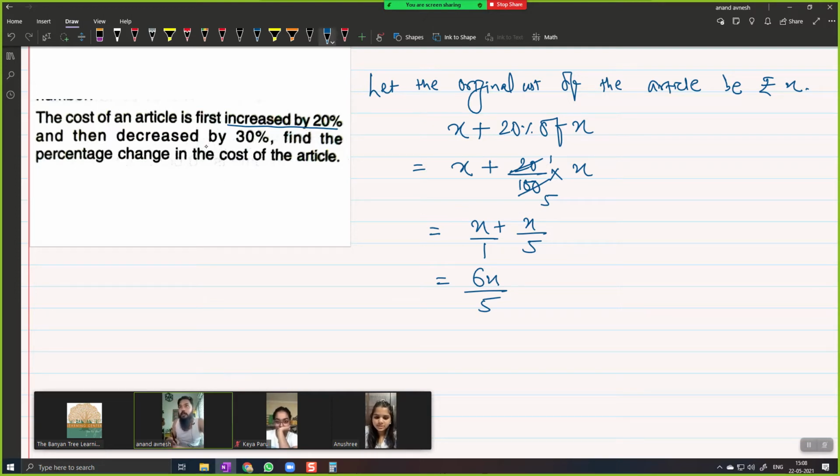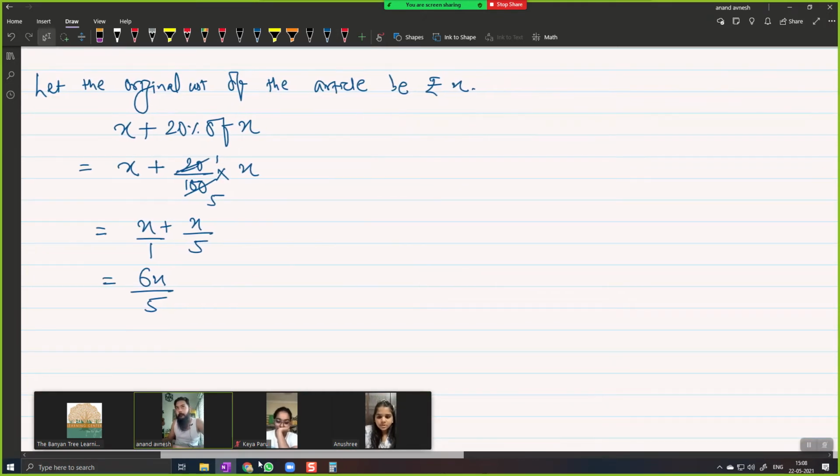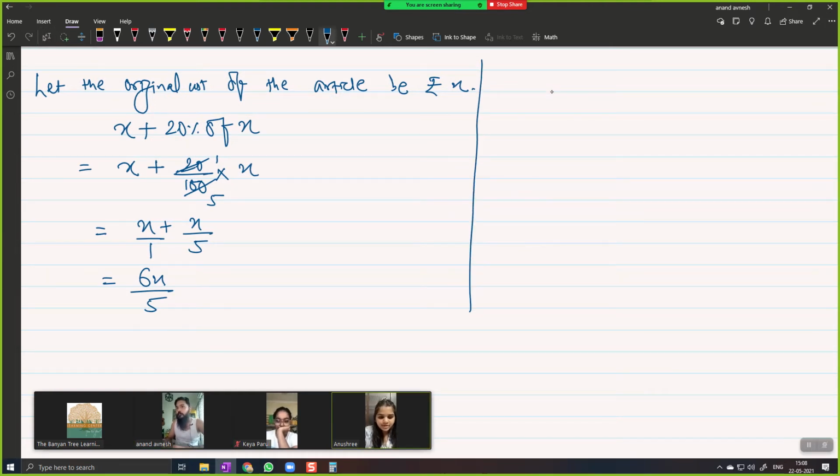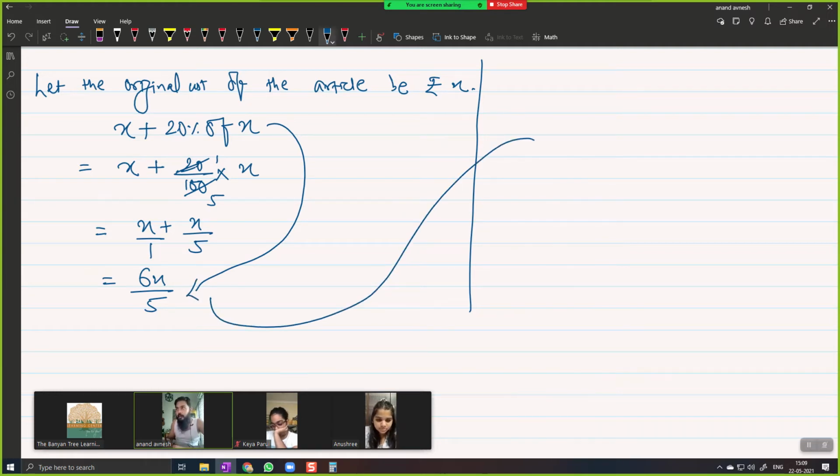Now the cost is decreased by 30%. What will we do? First we increased the cost to this, and then we will decrease from here. We will not decrease from the original value. We'll start from 6x by 5 and then decrease it by 30%.